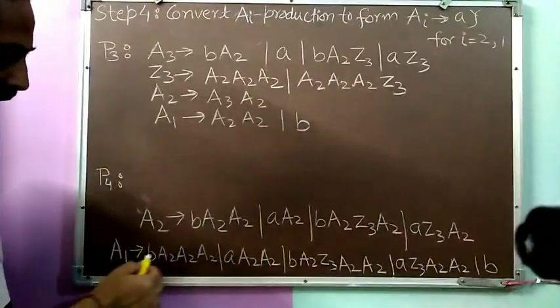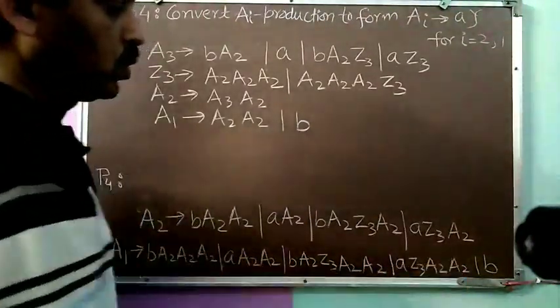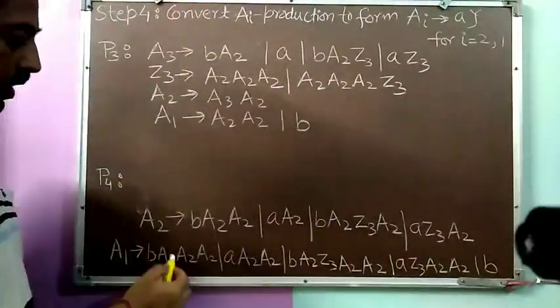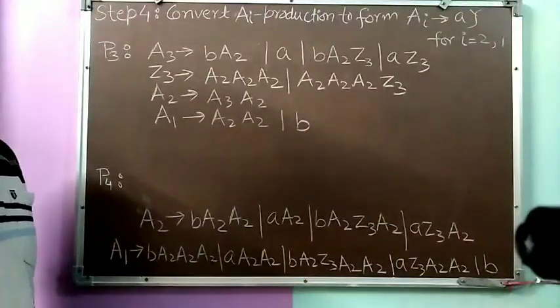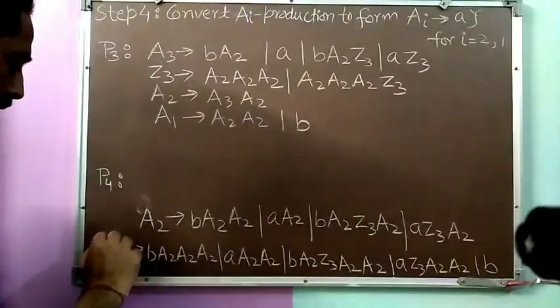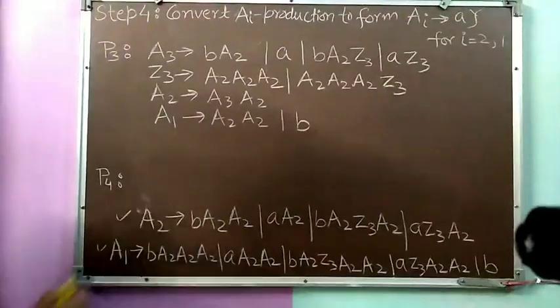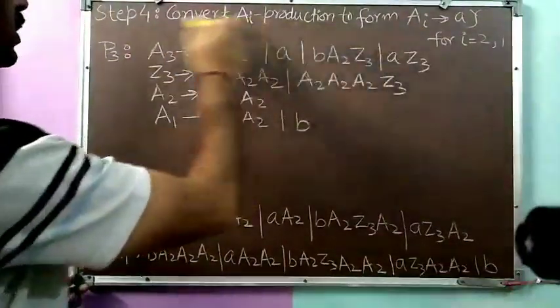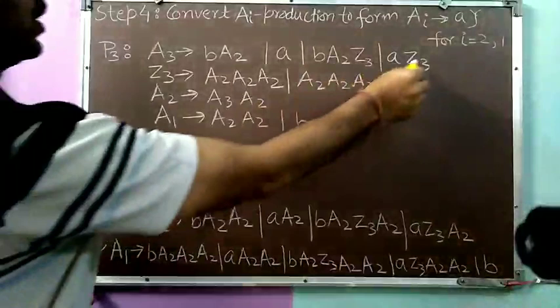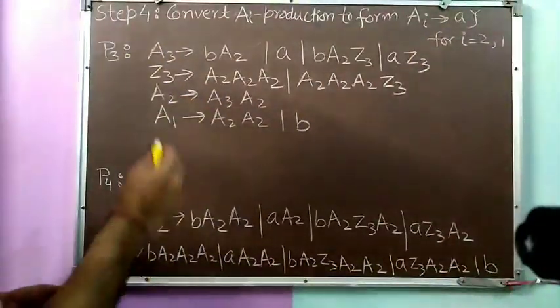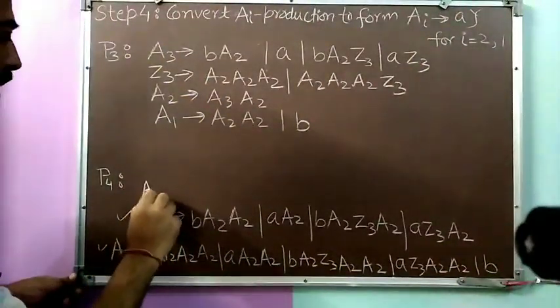Now you can look at all the A1 productions; they are also converted to the required format. They all are starting with a terminal symbol. So now all A1 productions, all A2 productions, and the A3 productions of P3 will be included as they are, because these are already in the required format. So I will be placing A3 here.